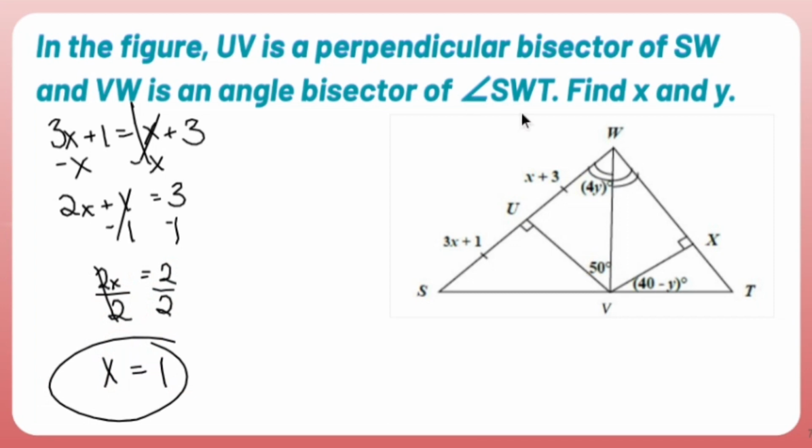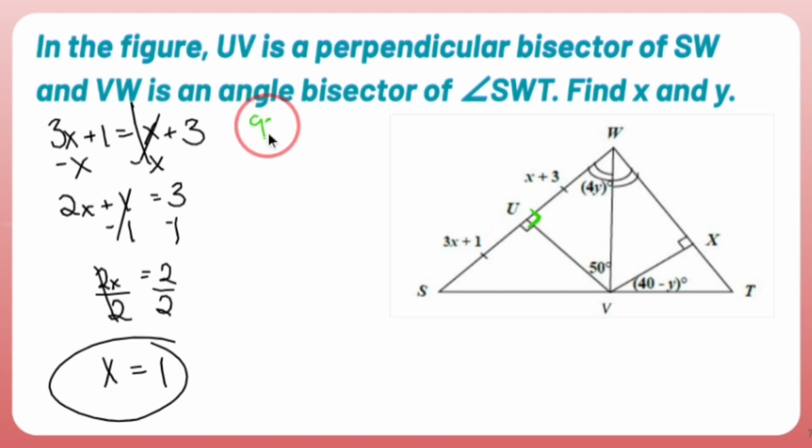Now I need to find y. y lives here and it lives here. Which one should I use? Let's use the 4y, that angle right there. This is a perpendicular bisector, which means this angle is 90 degrees, this one is 50 degrees, and this one is 4y.